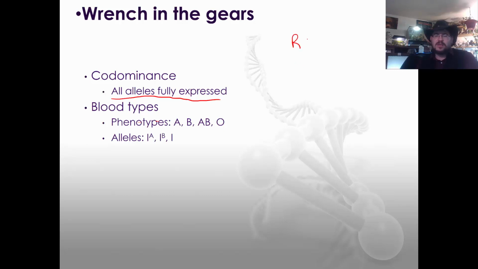In a snapdragon, you had red times white, giving you pink. If that's incomplete dominance, a blend, codominance is slightly different.